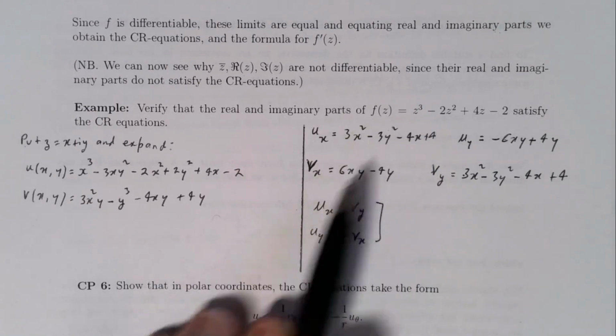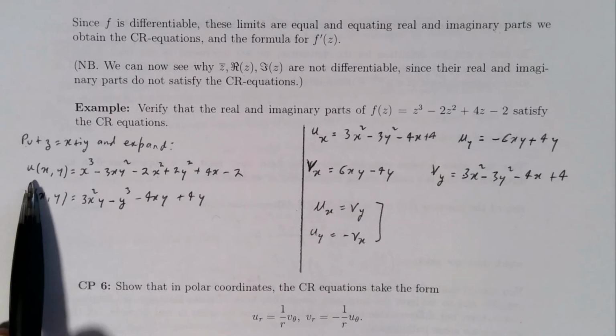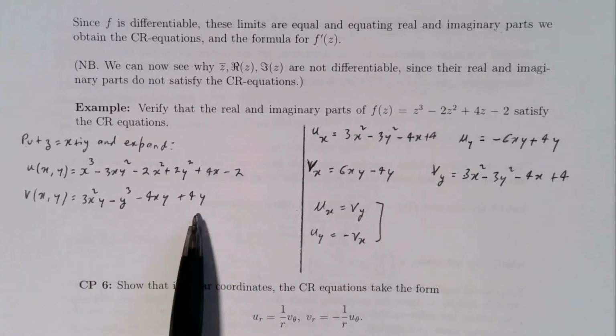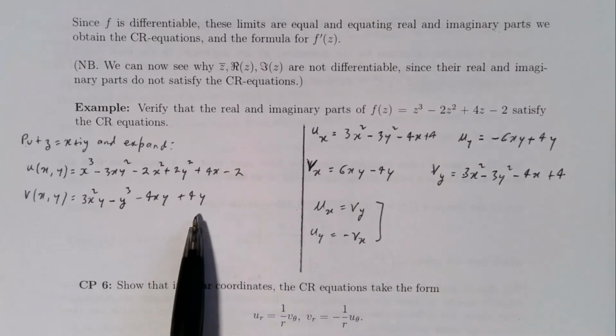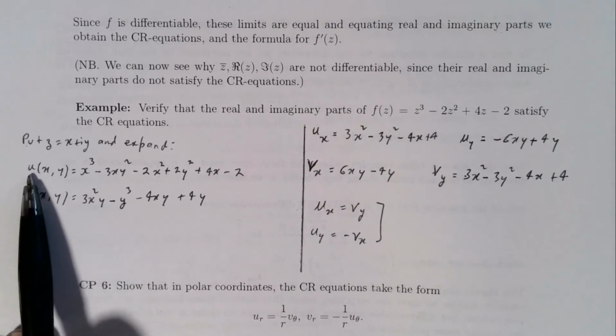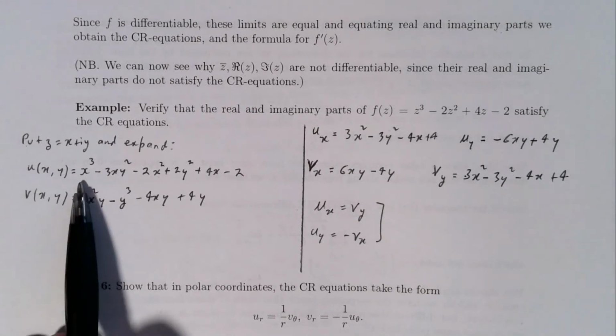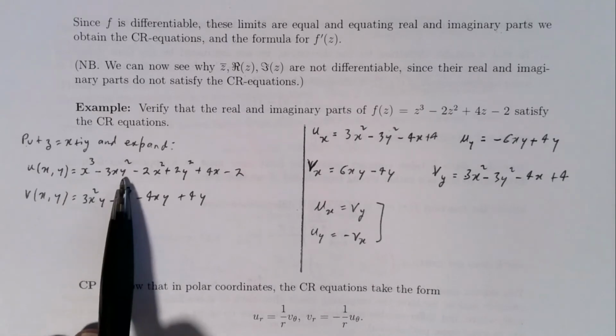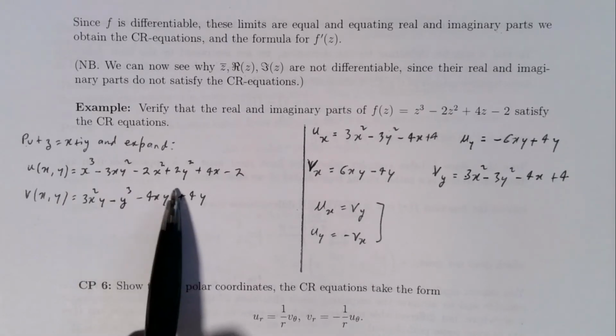And then you pull out the real part, which looks like this. And you pull out the imaginary part, which looks like this. Nice little exercise to do. And let's just check Cauchy-Riemann. If I differentiate this one partially with respect to x, you can see I get 3x squared minus 3y squared minus 4x plus 4.